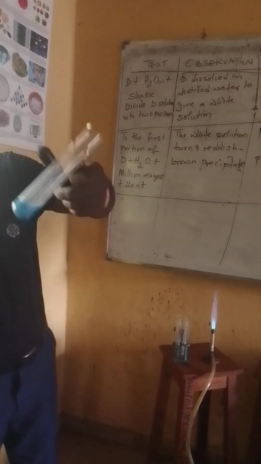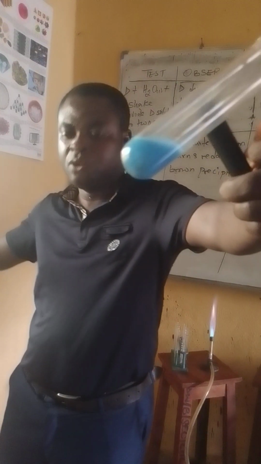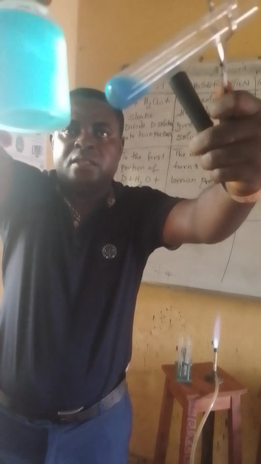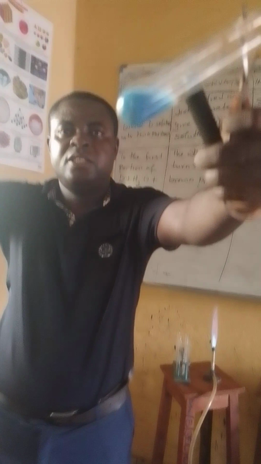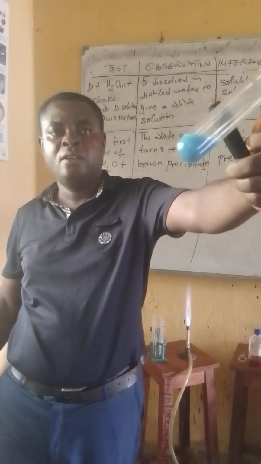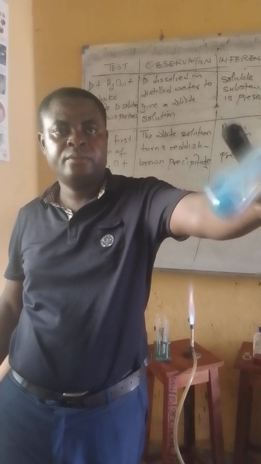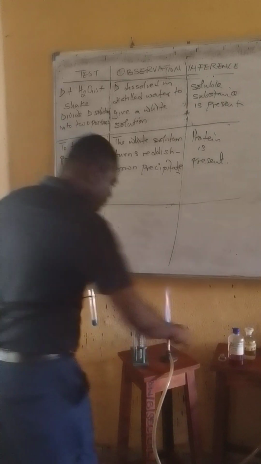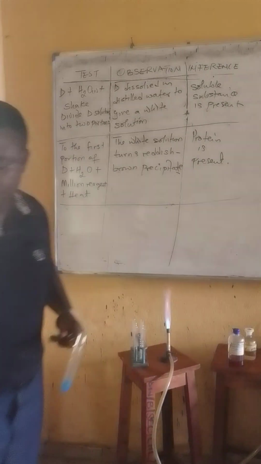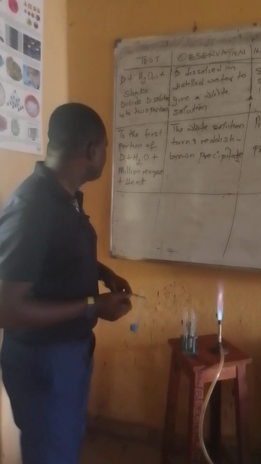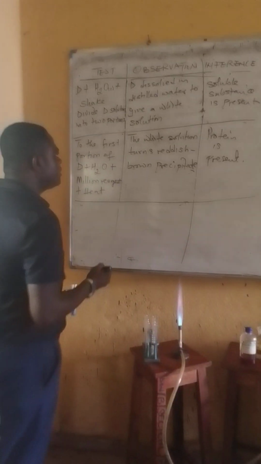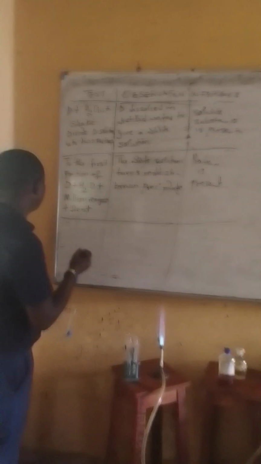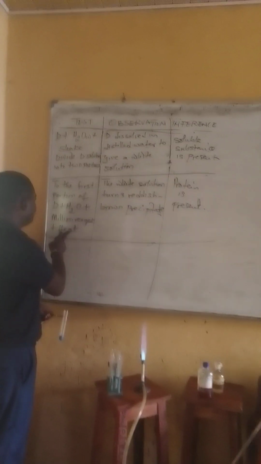So it's already violet in color. You can compare this pale blue, this is violet color. That is that, the Biuret way of testing. So protein is present. Now this is with Millon reagent.